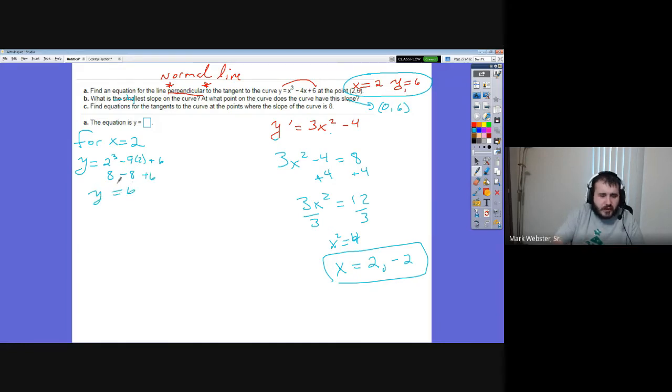So here y equals 6. And for the slope, we go back to the slope function, the y prime. And x is 2. 2 squared times 3 is 12, minus 4. So the slope is 8.